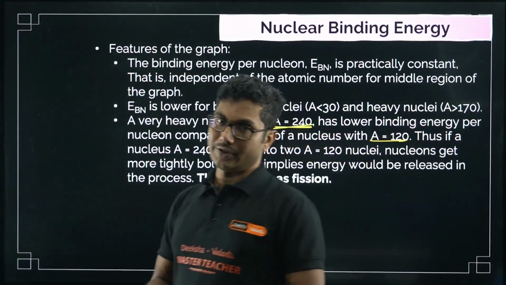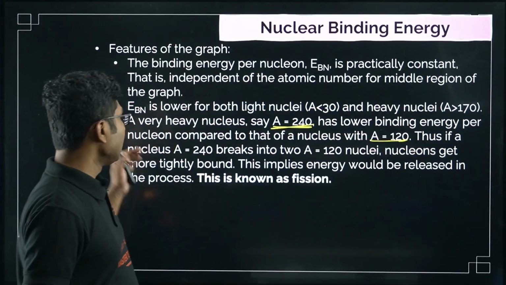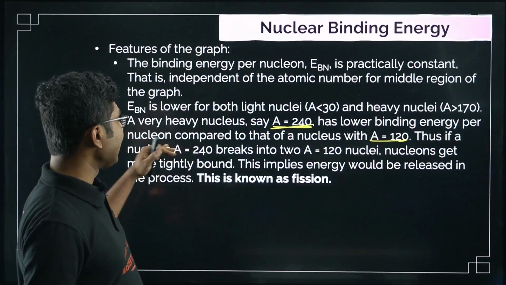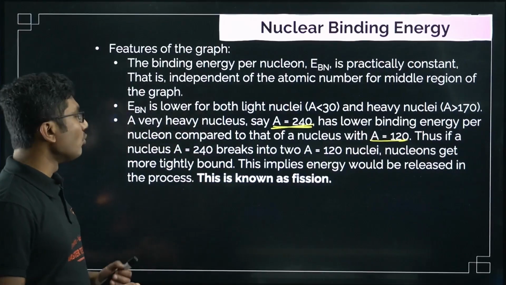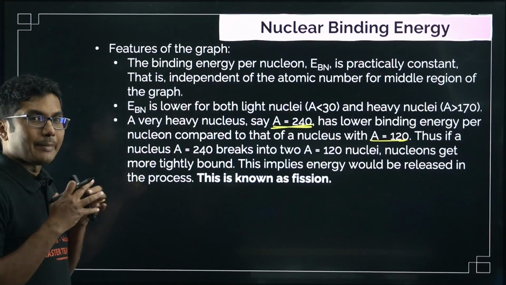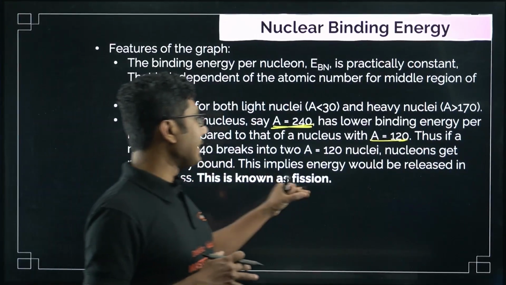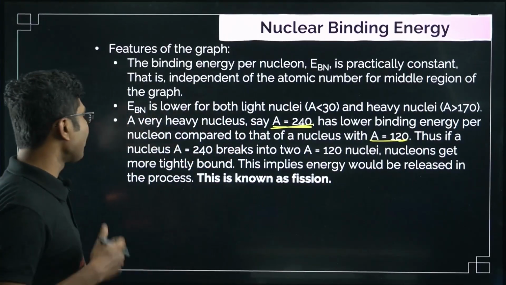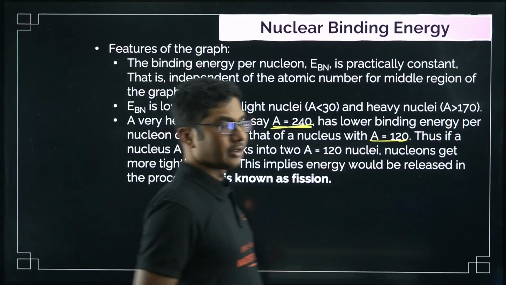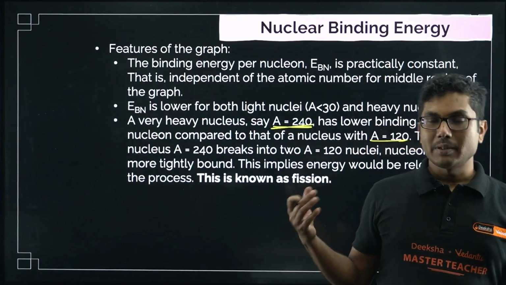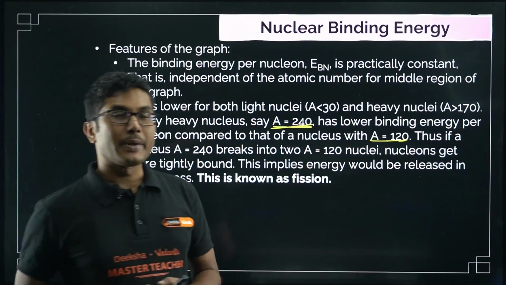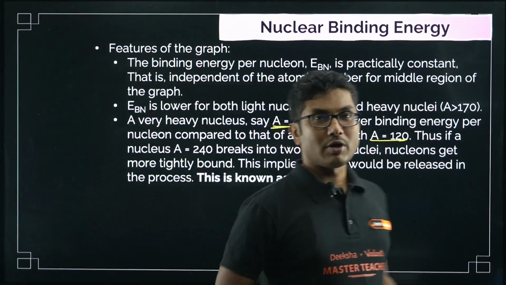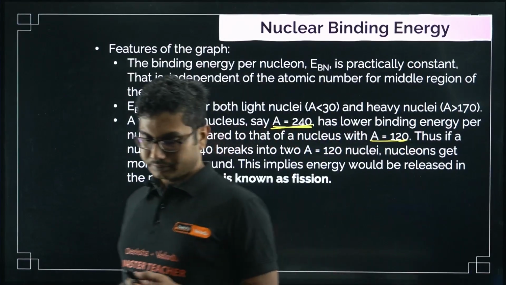So the nucleus with A equals 240 breaks into two 120 nuclei. Nucleons get more tightly bound, so their binding increases. This implies energy would be released in the process. This is known as fission. Fission means atomic bomb. We'll see fission in detail as well. Atomic bombs and nuclear power plants are common examples of nuclear fission.